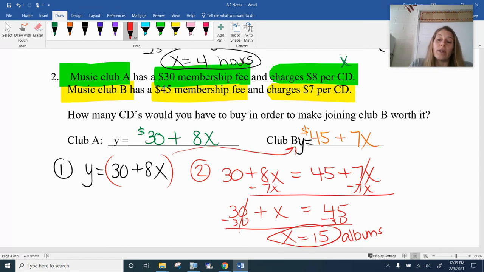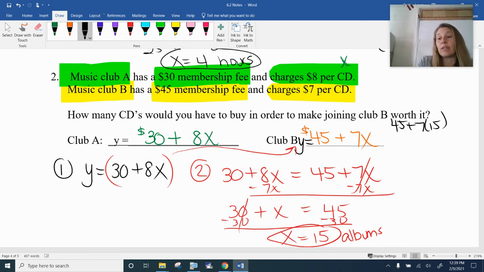So basically, what does that mean? Well, let's plug that number back in. If I put it in, 45 plus 7 times 15, what is that costing me? 7 times 15 is 105, plus the 45 would be 150.